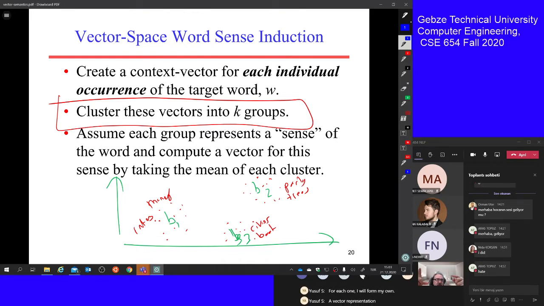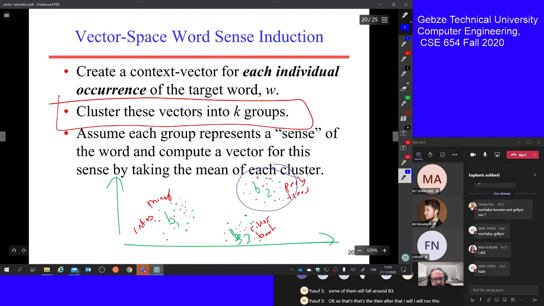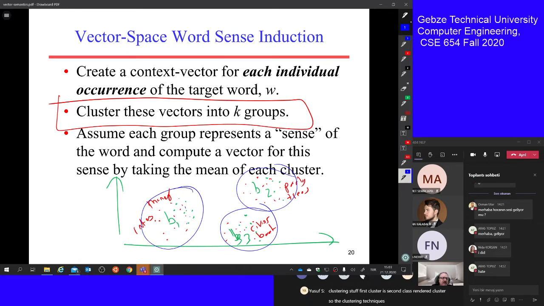So there will be 100 vector representations for bat, and some of them will fall around this area, some of them here, some around B3. After that I will run this clustering: first cluster, second cluster, and third cluster.